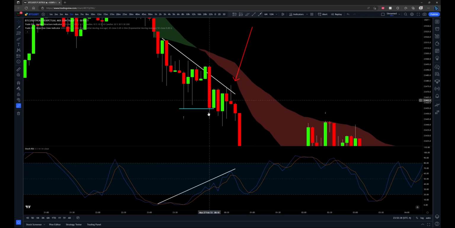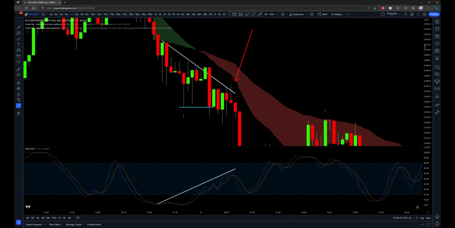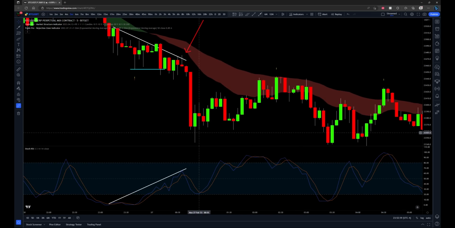And then we have a hidden bearish divergence. What is a hidden bearish divergence? Well, we have the stochastic RSI coming up and making higher highs while the price action is making a lower high. So market structure break here, hidden bearish divergence here, and we're entering into a short looking for that next move to the downside.